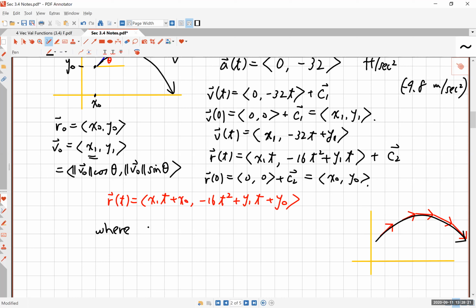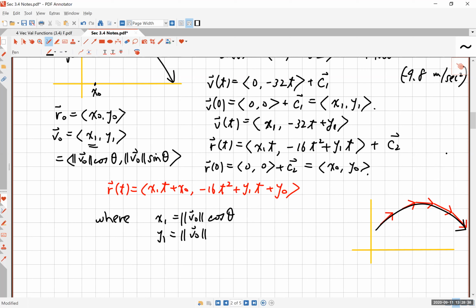You don't have any choice on that one, but x1 can be written as the norm of the initial velocity times the launch angle, cosine of theta, and y1 is the vertical component of the initial velocity, which is this magnitude times the sine of theta. Okay, so that's the solution here.